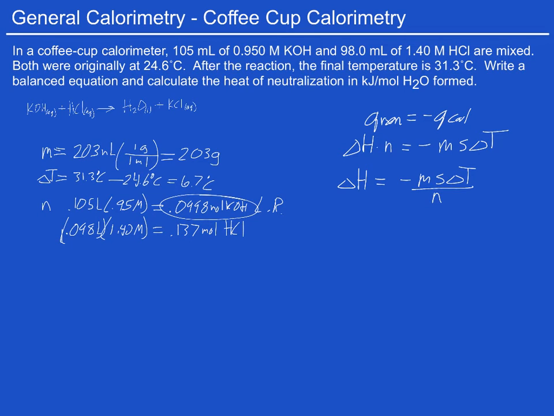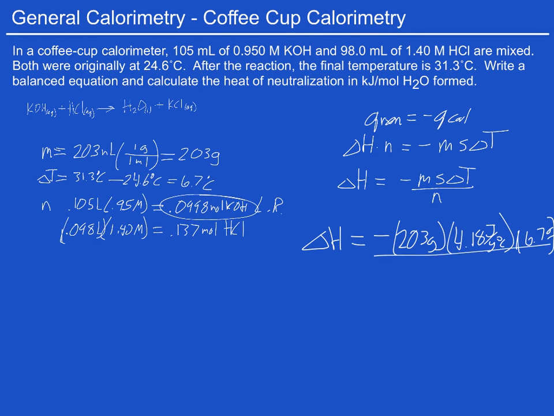Alright, so now I'm going to just plug these in and we're going to solve for our delta H. So delta H is going to be equal to negative 203 grams, 4.18 joules per gram degree Celsius, and our delta T, note it's positive this time, 6.7 degrees Celsius.